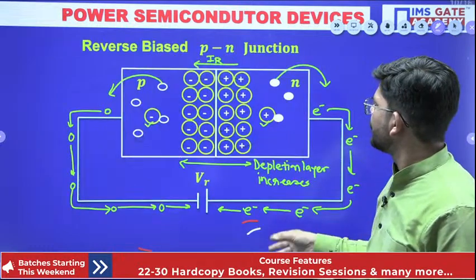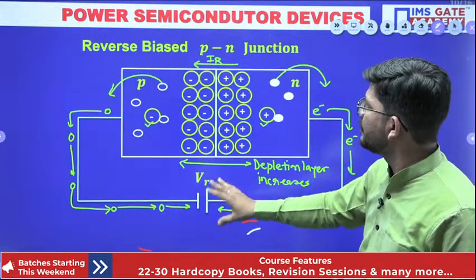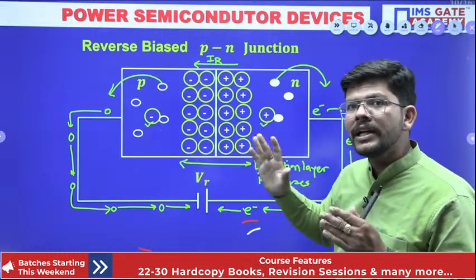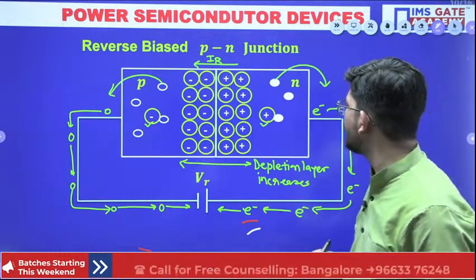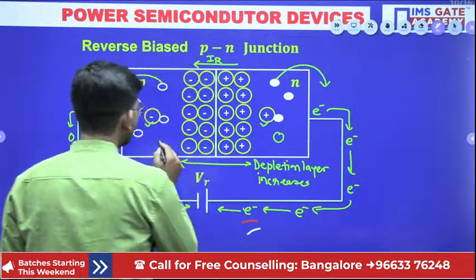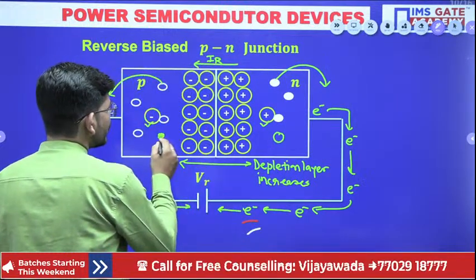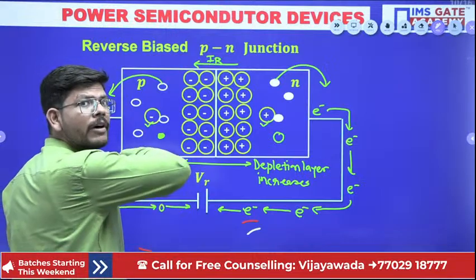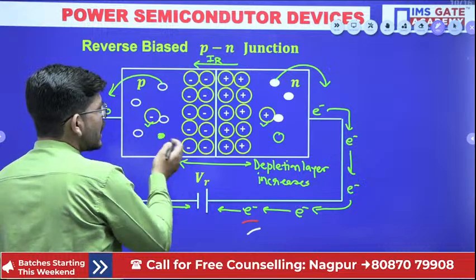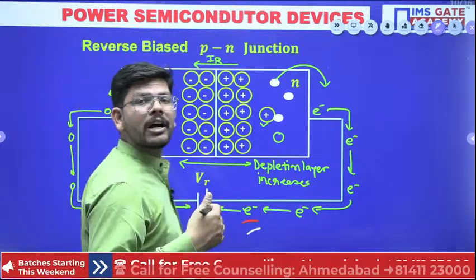Earlier, we have applied a reverse voltage, so the forward current will first reach 0 and then it will reverse. Now we have to recover those holes which are present here, and those electrons which are present here. They need to be recovered back as well, isn't it? These electrons and these holes need to be recovered back.